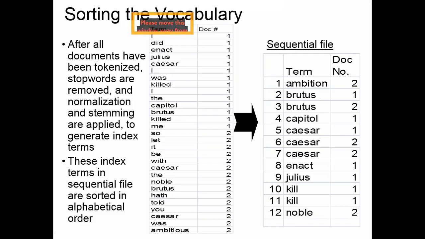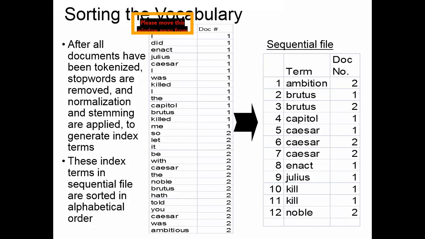But as I said, the problem of the sequential file is, even if it is kept in sorted order, starting from A, B, C up to Z, it doesn't capture term frequency, document frequency, collection frequency.